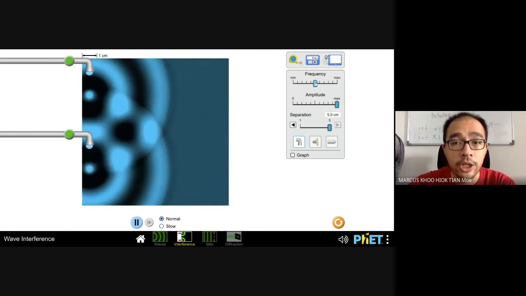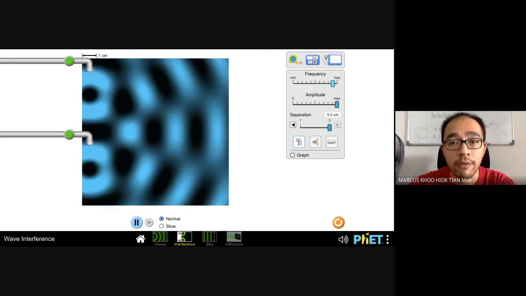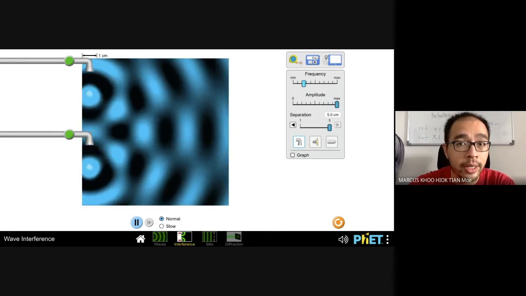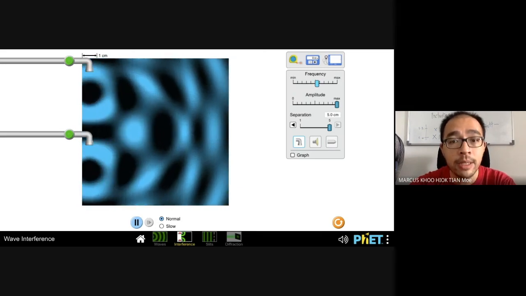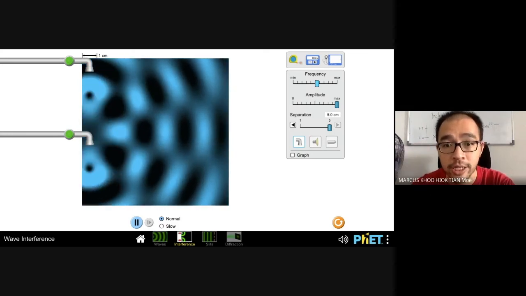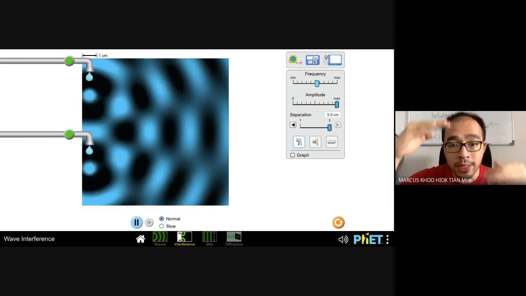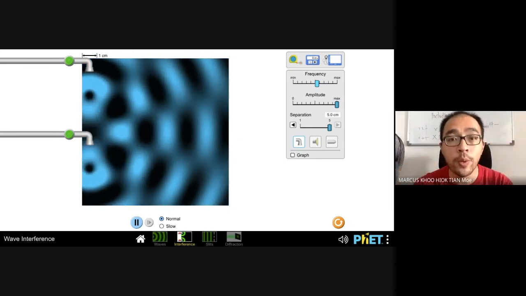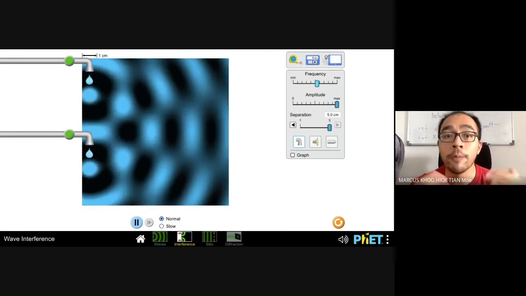You will have to change the frequency when the question asks you to change the frequency. Now, remember this again, and I've mentioned this when we were talking about diffraction. Frequency and wavelength are opposite to one another. If you want to change the wavelength, you change the frequency, but in opposition.